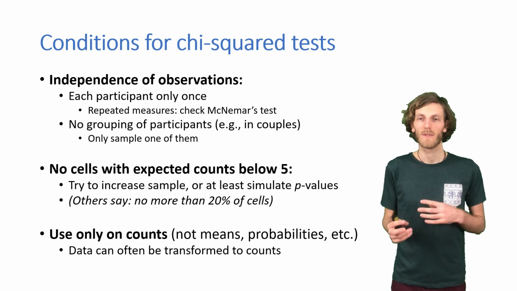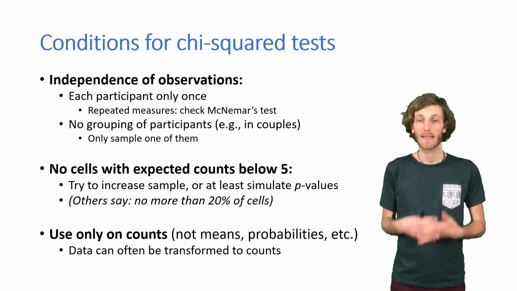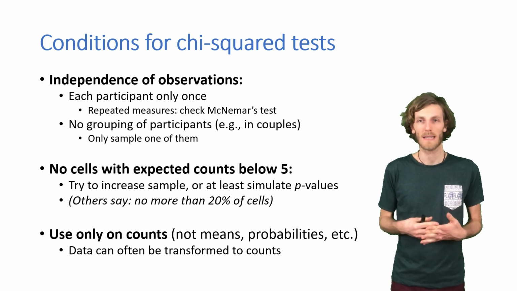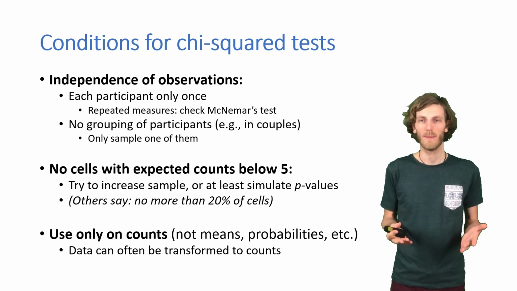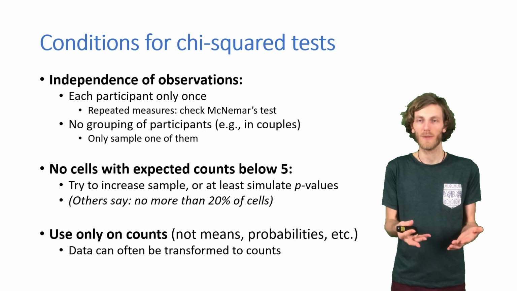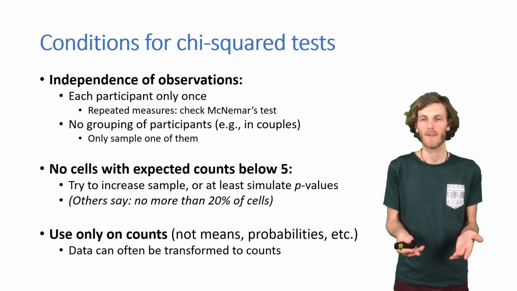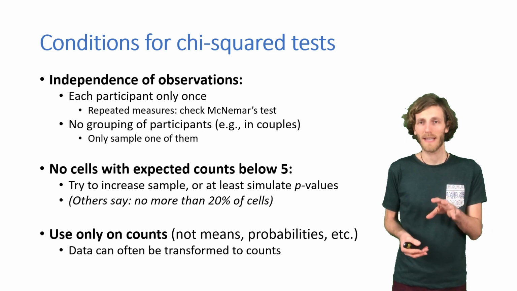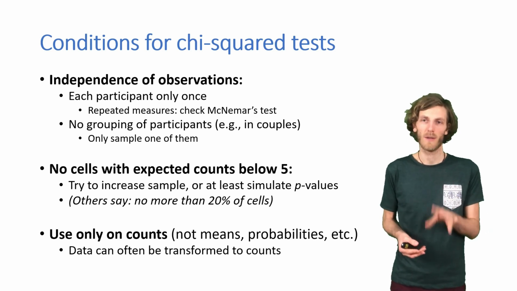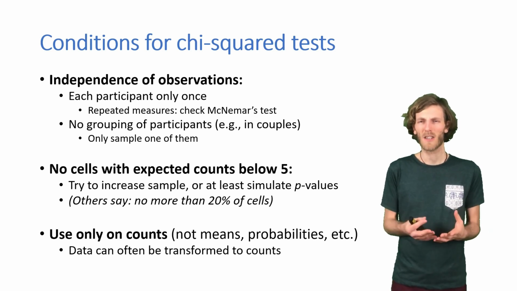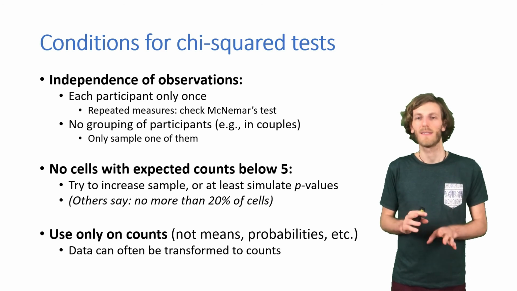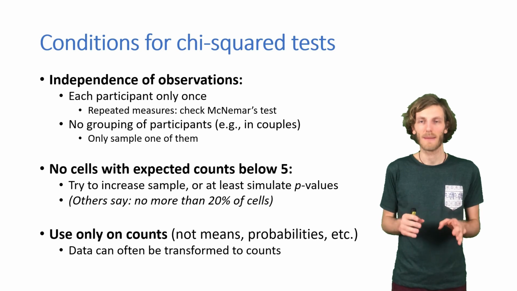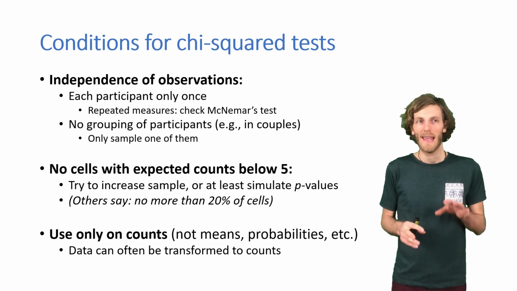In the case of paired or otherwise linked observations, we usually have to throw away some of the data. So there are quite a few published studies that somehow interview couples and then randomly select one of them for inclusion into their analysis. We shouldn't have cells with expected count below 5. So actually the ice cream example was problematic, probably had a sample that was too small.